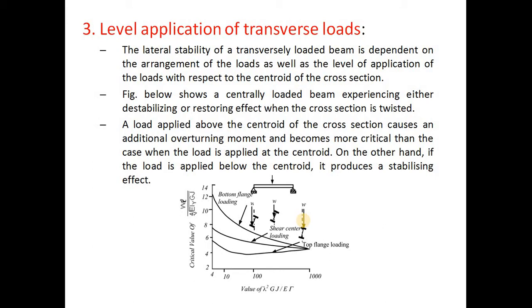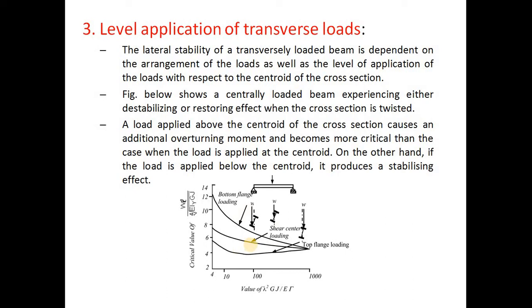Additional overturning moment, and it becomes more critical than the case when the load is applied at the center. Now because of this application of the load above the centroid of the I section, the case becomes more critical than the load when we apply on the centroid of the I section.